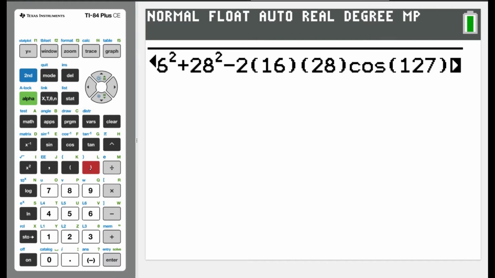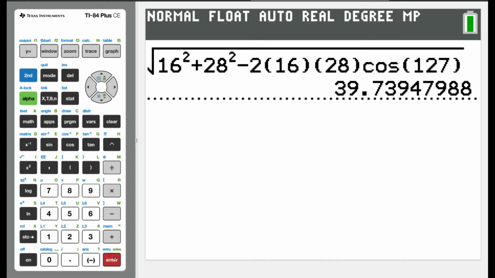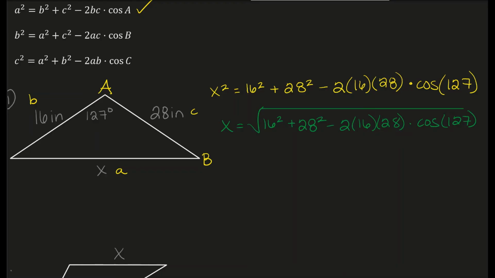Now that's it. We hit enter, and there's our solution. That's all you have to do for the law of cosines. So here we should be getting 39.7. So x is going to be approximately 39.7 inches.